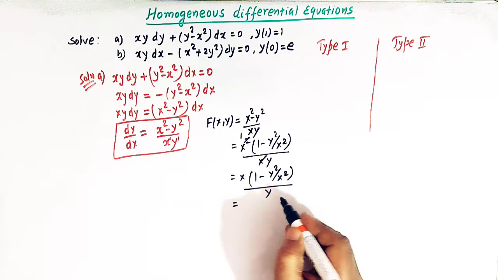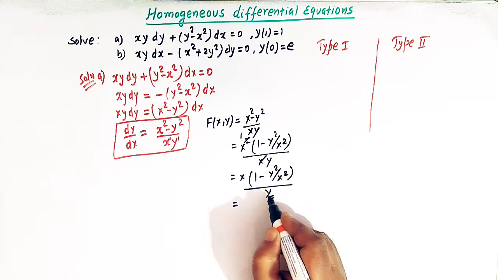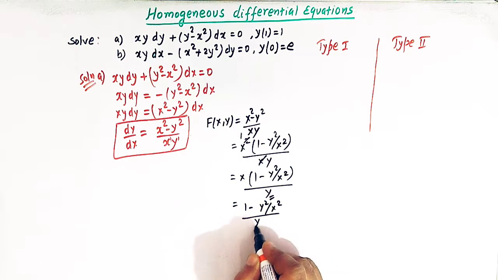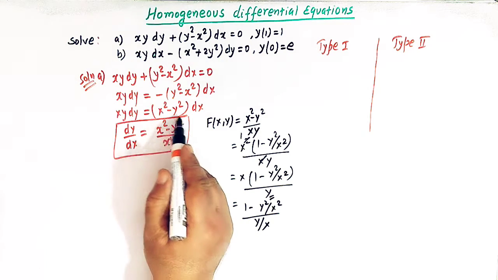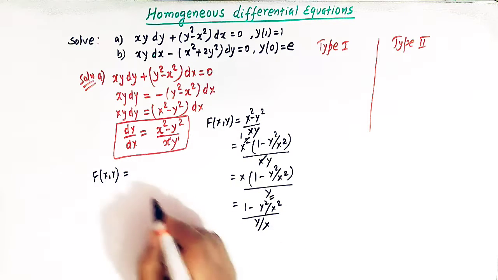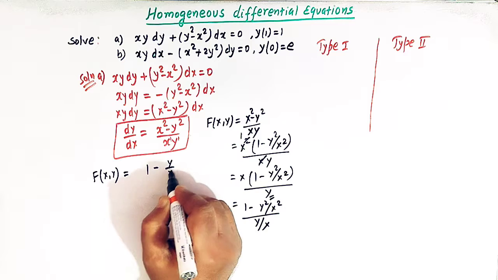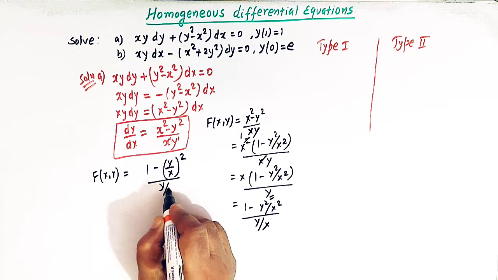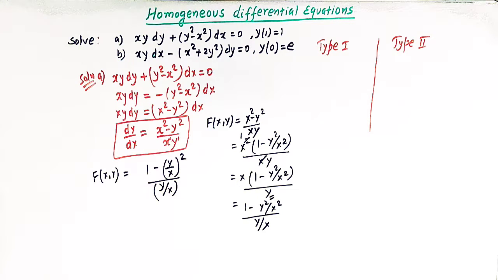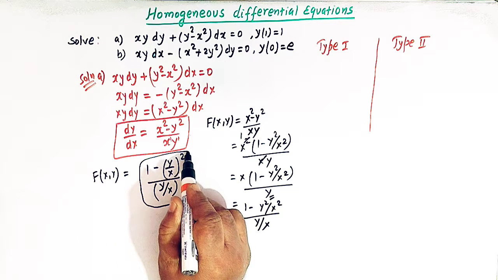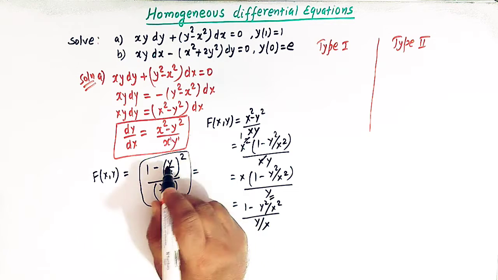Now taking this x to the denominator of y, we have (1 minus y square over x square) over (y over x), right? So now we can see that this function f of x comma y can be written as (1 minus (y over x) square) over (y over x), right? So now we can see that this is a function which is in the form of y over x.